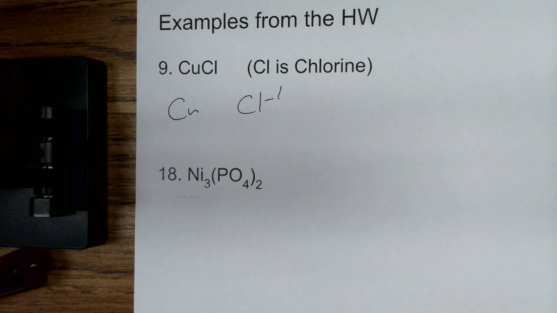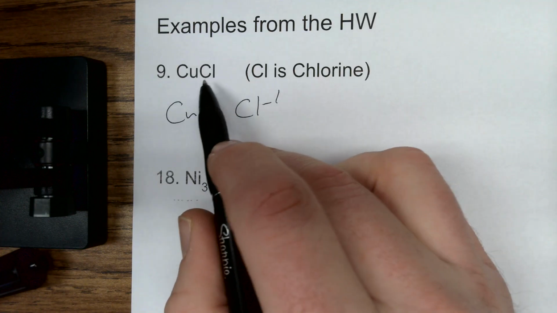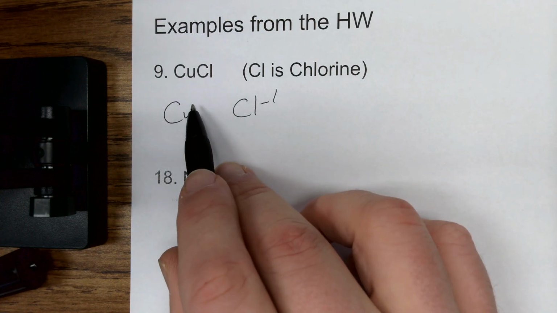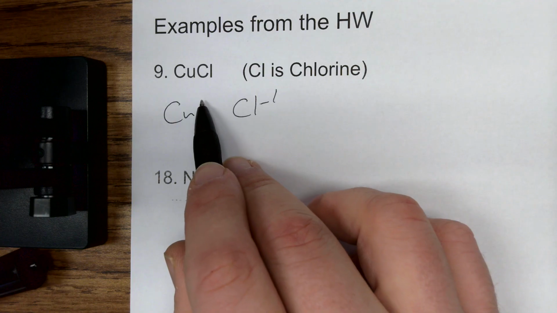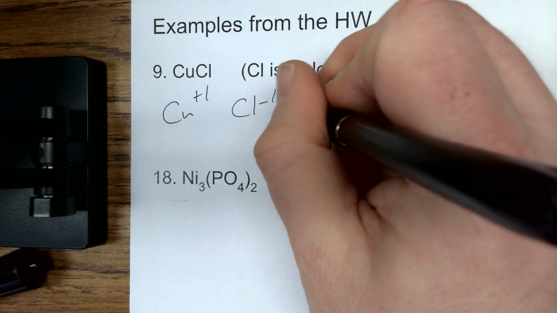Copper comes in a bunch of different flavors. But I only have 1 chlorine, 1 copper. What's the cation for copper here? Plus what? Plus 1. 1 minus 1 equals 0.